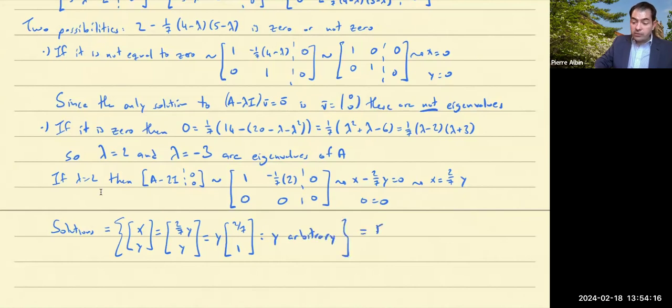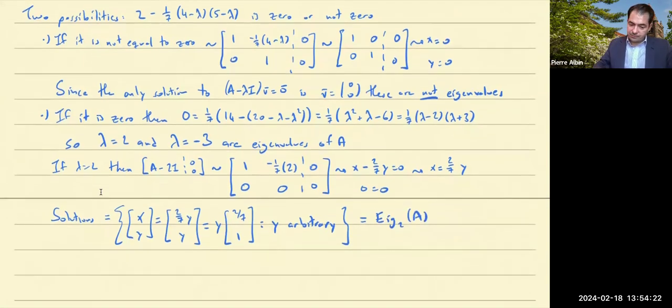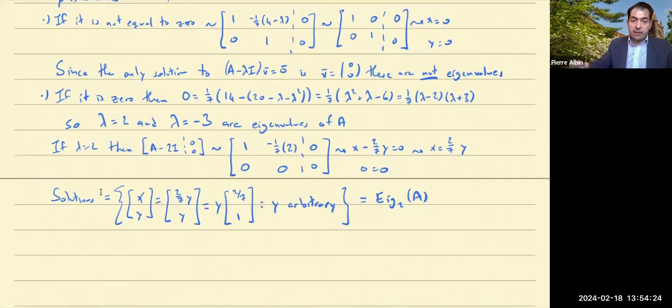Right? So this is the eigenspace of A corresponding to the eigenvalue 2. So the eigenvalue is 2, the eigenvectors would be any vector here as long as y is not 0, right? Any non-zero vector would be an eigenvector.